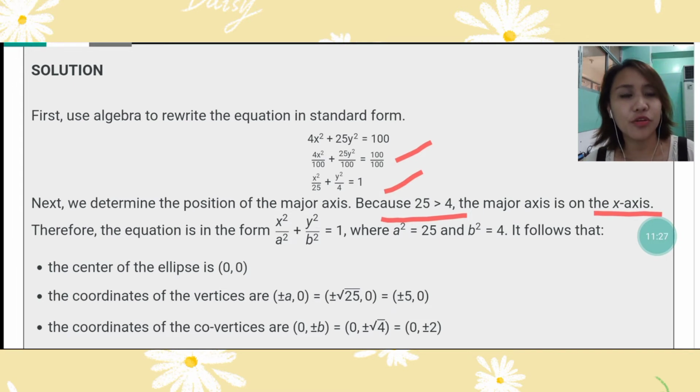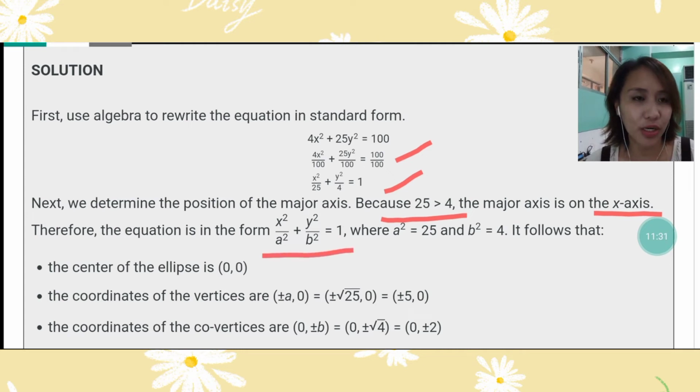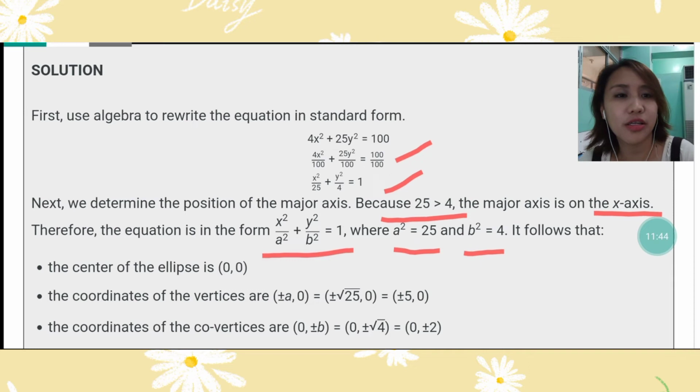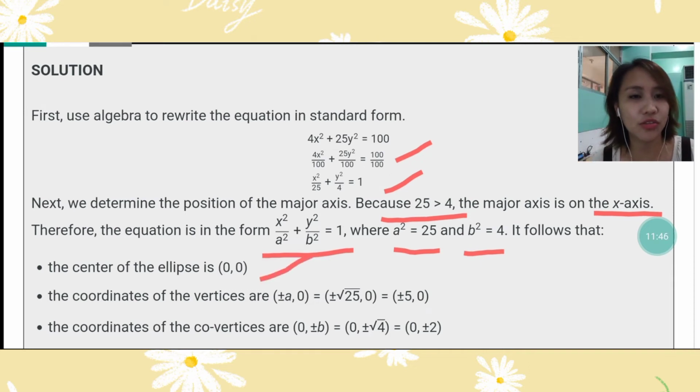Therefore, the equation is in the form x squared over a squared plus y squared over b squared, where a squared is equal to 25 and b squared is equal to 4. It follows that the center is at the origin, 0, 0.